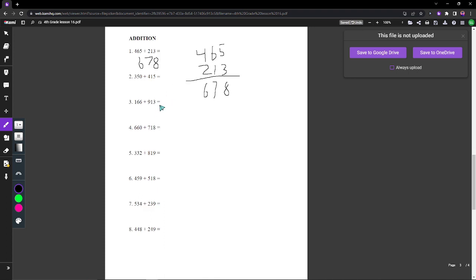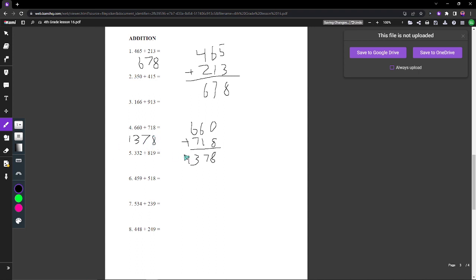Now let's do something like questions 4 and 7. Let's start with 4 first. So 660 and 780. These make 8, 7. I should also add plus signs so I don't confuse you guys. And then you would add 6 plus 7, which is just 13. So for number 4, you should get 1378.